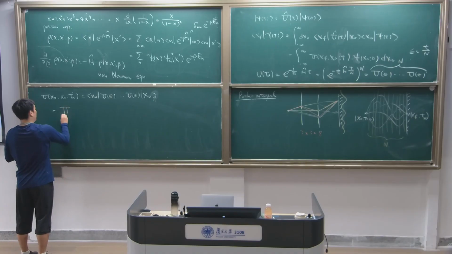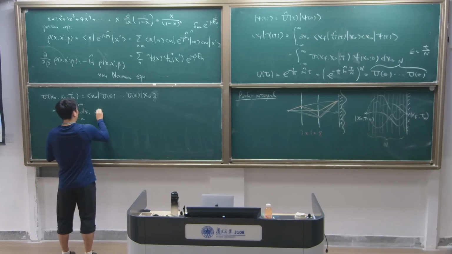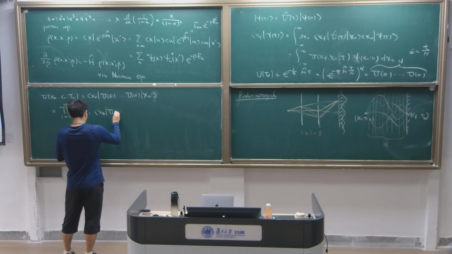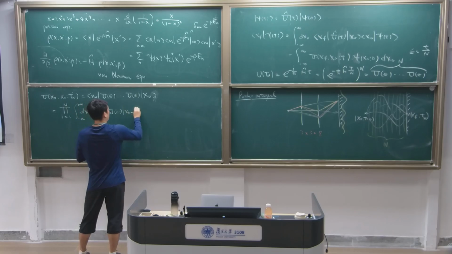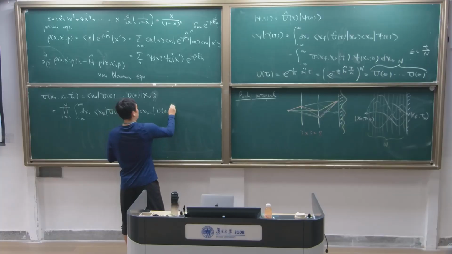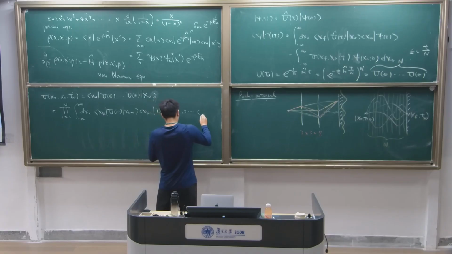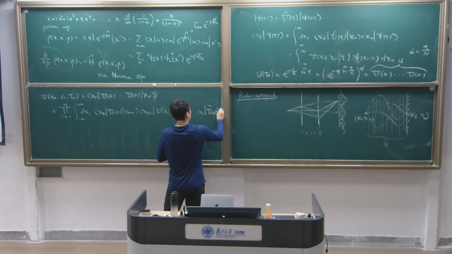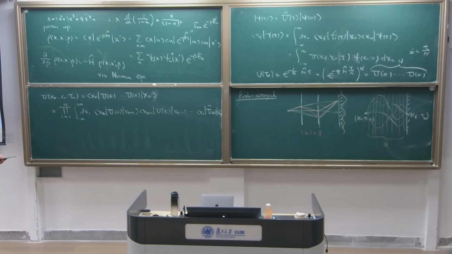And this is equal to the integral ∫ ∏ dx_i, i from 1 to N−1, and then you have ⟨x_n|U|x_{n-1}⟩⟨x_{n-1}|U|x_{n-2}⟩, and so on, and then ⟨x_1|U|x_0⟩, like this way. Okay, that's what's happening.